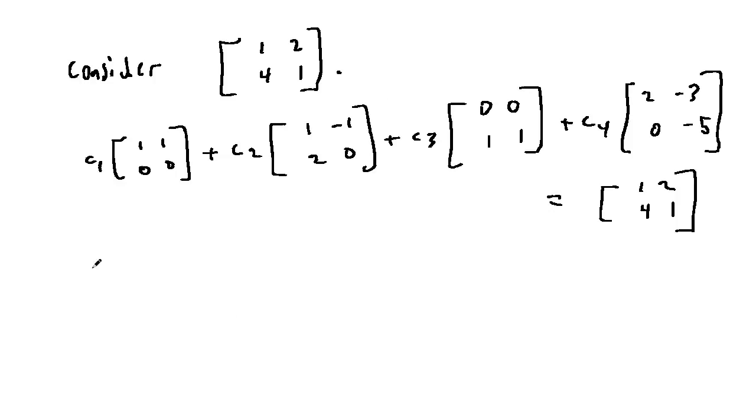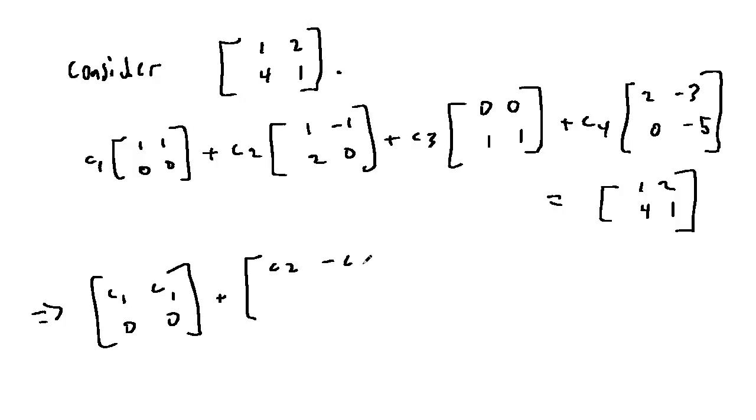Okay, now multiplying the coefficient C1 into this matrix, we get this, and do the same for C2. And so on.